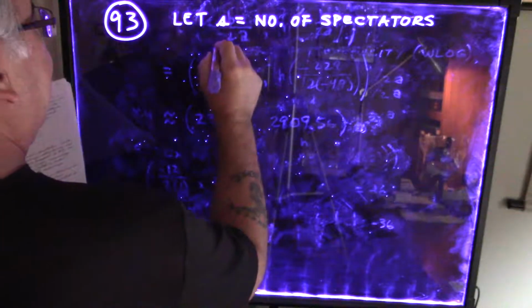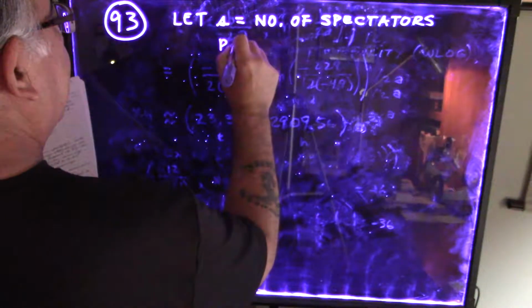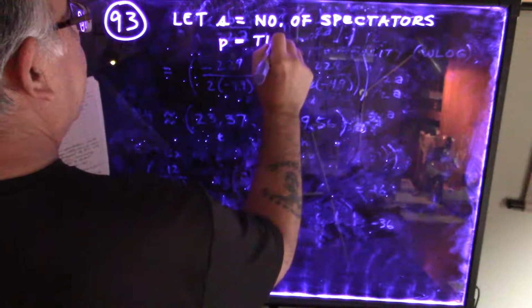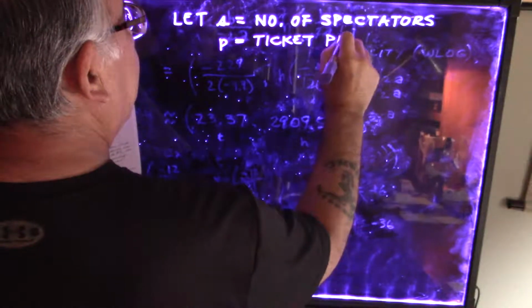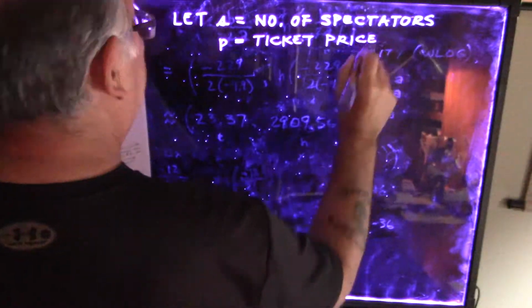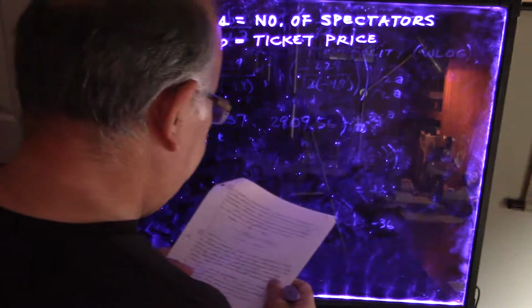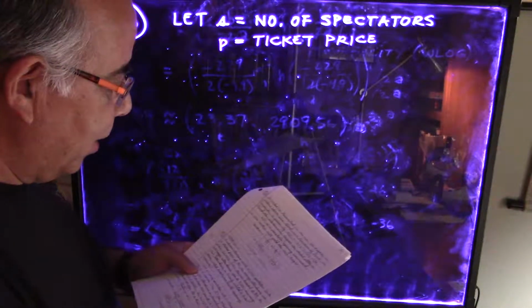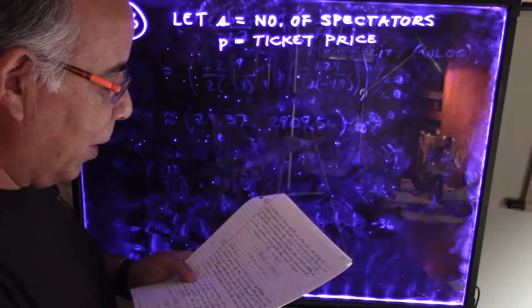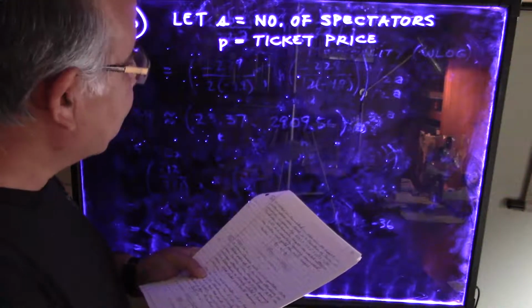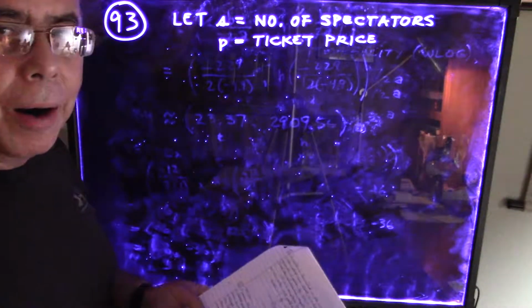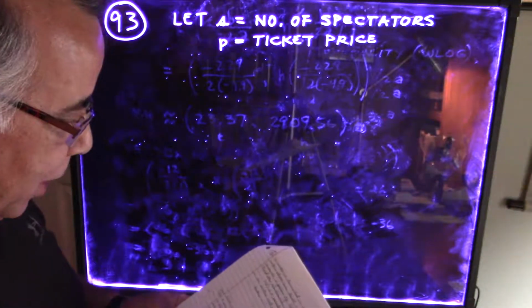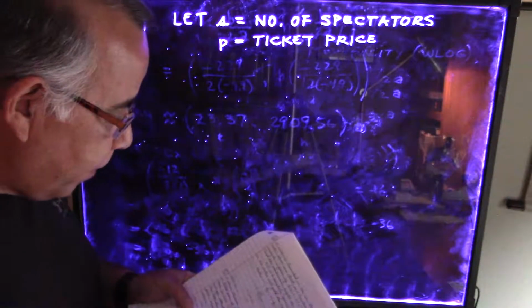P, ticket price. So again, when the price drops, the attendance goes up. When the price goes up, the attendance goes down, right? So those two variables are related. They lie on a straight line.